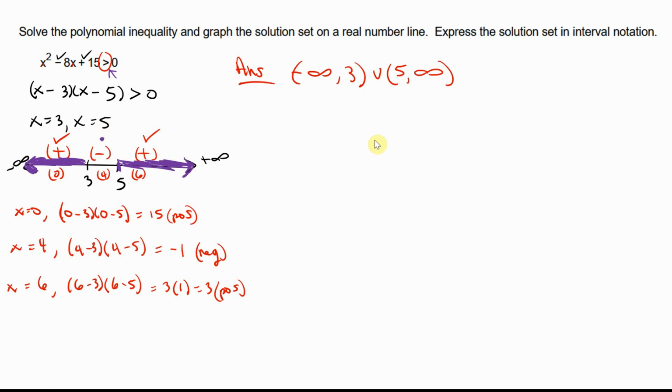So that graph, straight line. That's the 3, and then 5 to positive infinity.